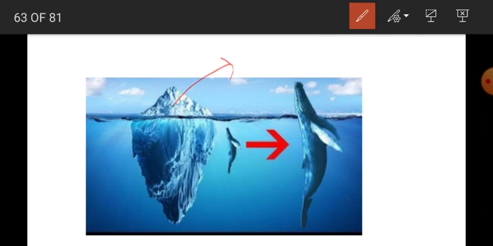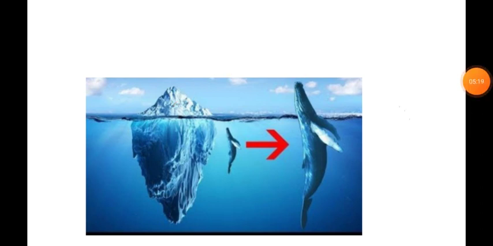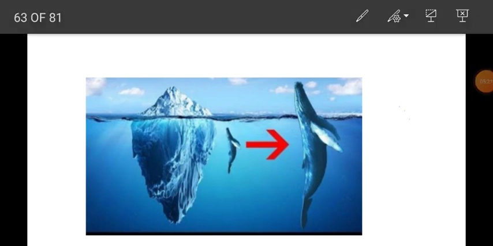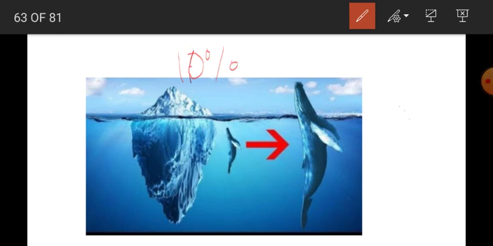So 10% above the surface of the water and approximately 90%, although ideally it is 89, but let me take it as 90%, approximately 90% below the water. As you can see in this picture, this is the reality of the iceberg actually.